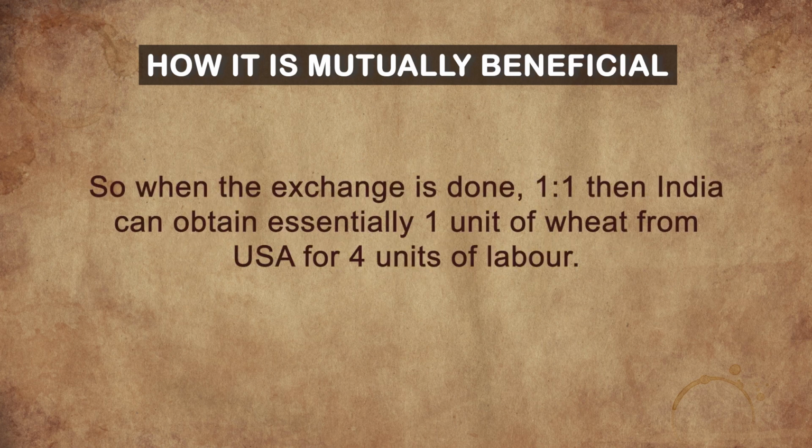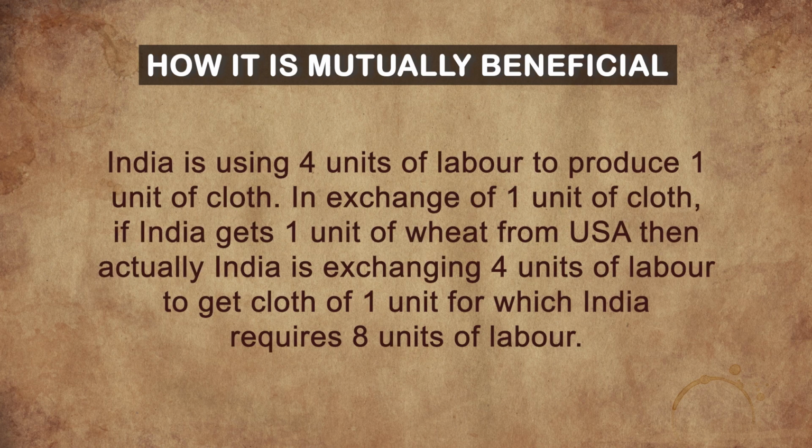So when the exchange is done 1:1, then India can obtain essentially 1 unit of wheat from USA for 4 units of labor. What is that? India is using 4 units of labor to produce 1 unit of cloth.